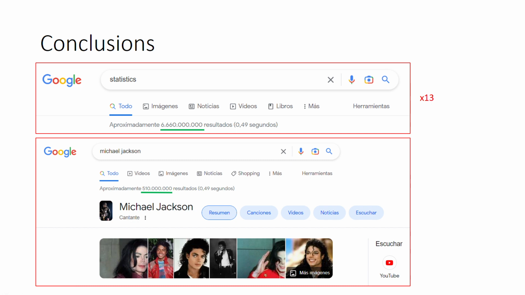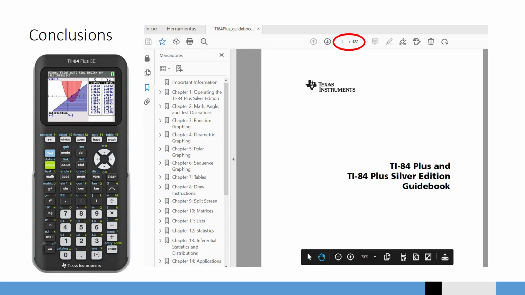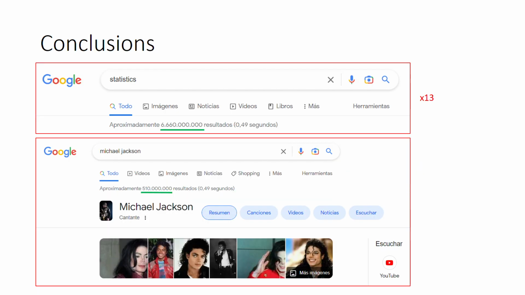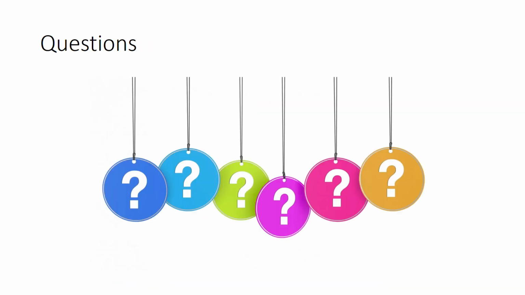So this is a very sophisticated calculator, really sophisticated, very powerful, can do many things, but it is also hard to use.